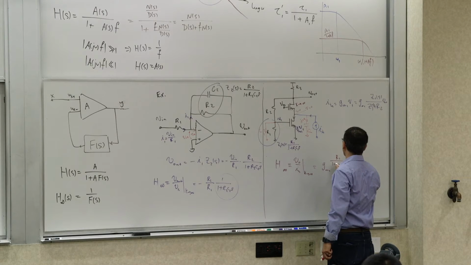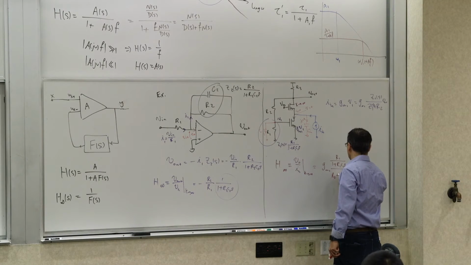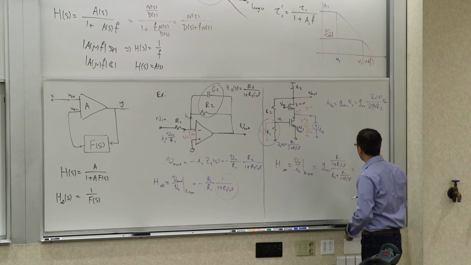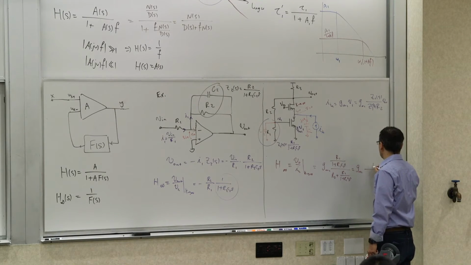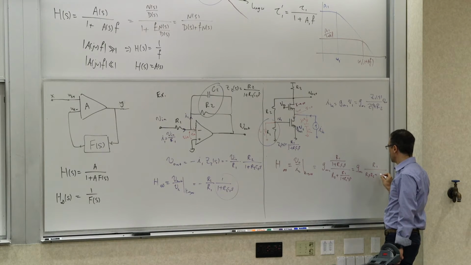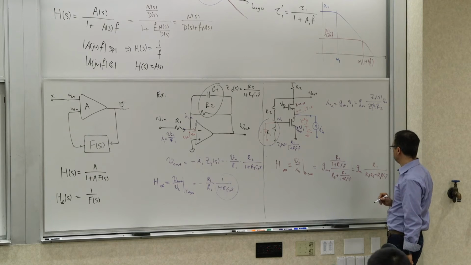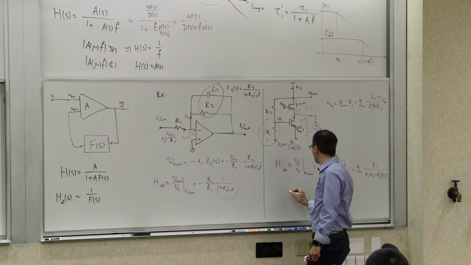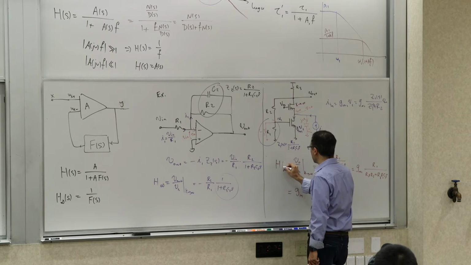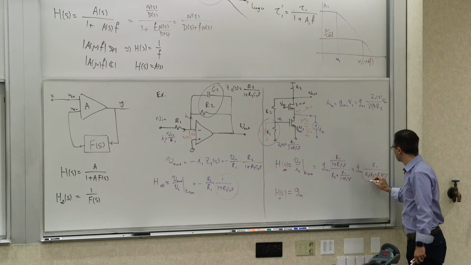R1 over 1 plus R1 C1 S divided by R2 plus R1 over 1 plus R1 C1 S. When you expand this, you get GM1, R1 here, R1 plus R2 plus R2 R1 C1 S. And if you look at it versus what you got before, which was the DC part, the low frequency part, this is H infinity of S. I'm going to factor this part.